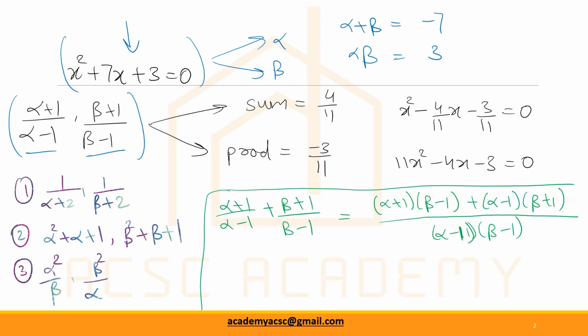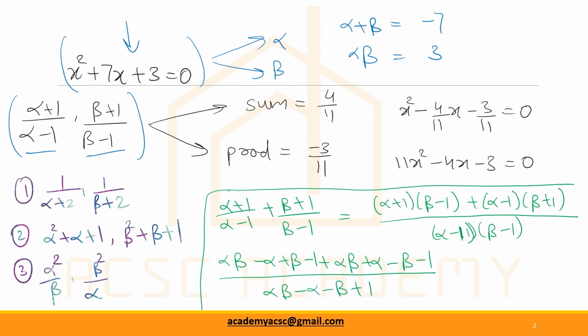It will turn out to be alpha beta minus alpha plus beta minus 1 plus alpha beta plus alpha minus beta minus 1 upon alpha beta minus alpha minus beta plus 1. Now using the values of alpha plus beta and alpha beta, we substitute them here, and after some simplification you will get the sum of roots as 4 by 11.